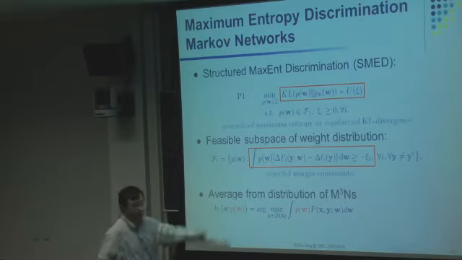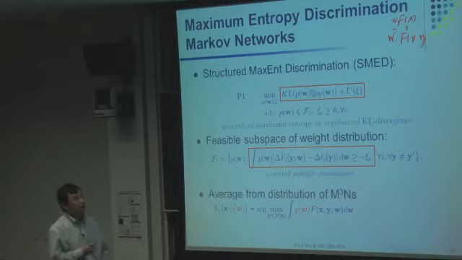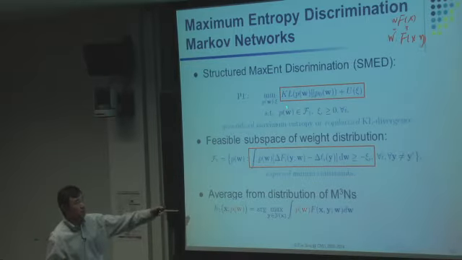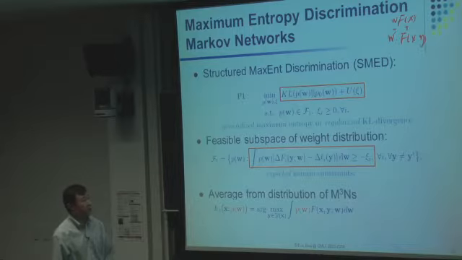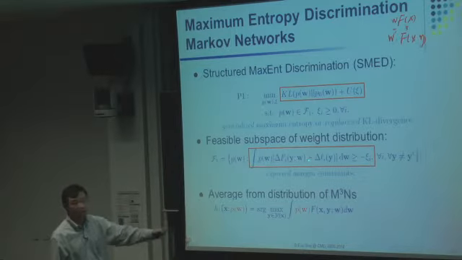Instead of learning P of W applied to f of x, I'm going to learn P of W applied to f of x, y, which is a feature vector, if you remember. Other than the feature being different, W still has the same kind of behavior. I'm still going to minimize the KL divergence here, and I'm still going to ask P of W to satisfy a margin constraint.